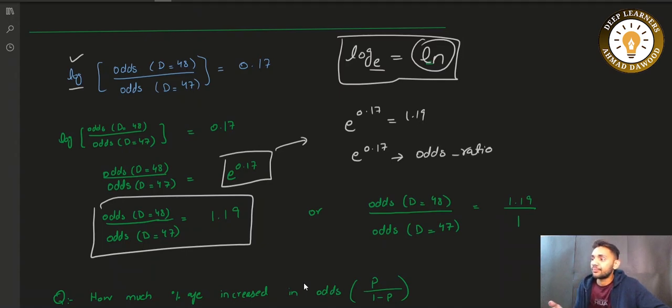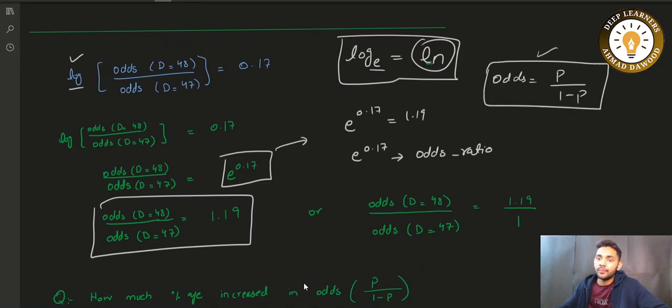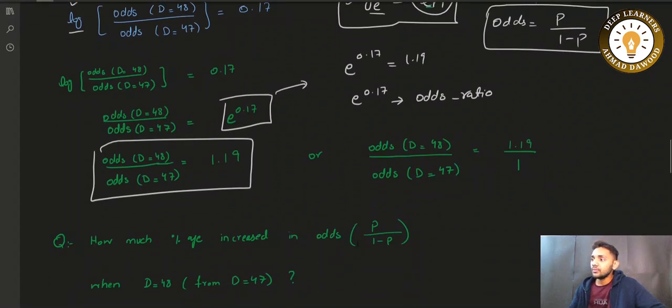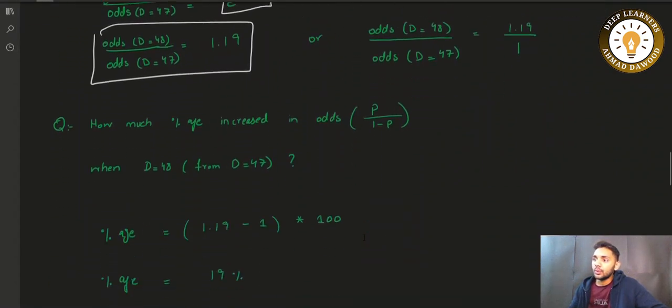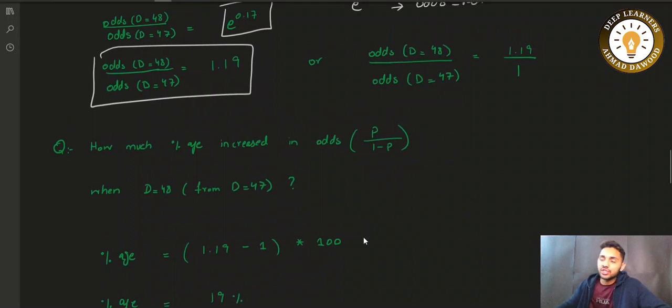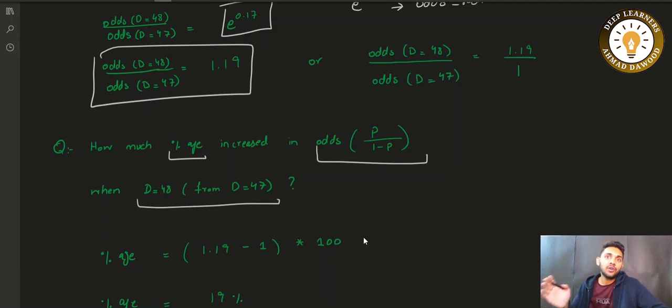Okay, we have here odds, p over 1 minus p, and p is the probability of being default. I have told you this multiple times. Now here is a question: how much percentage increase in odds when our duration is increased by 1 unit, let's say from 47 to 48?